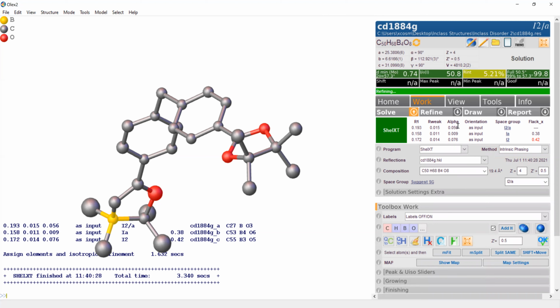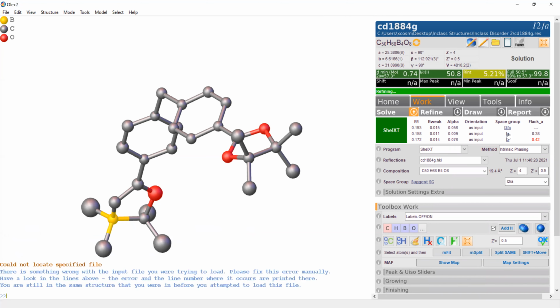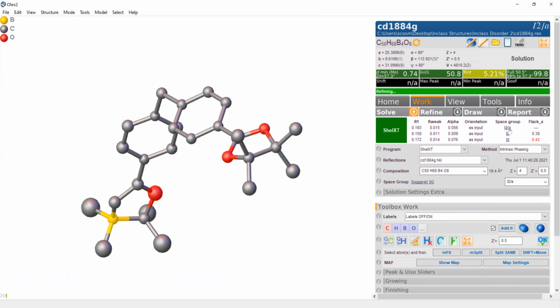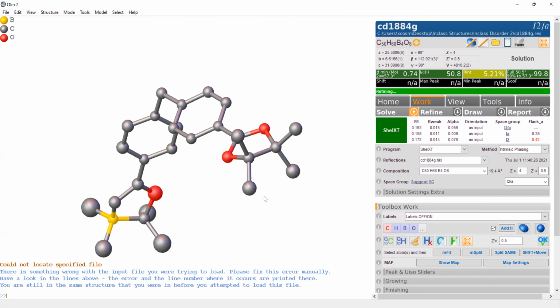Now, in addition to I2/a, it also gives us the structure solved in Ia if you want, or I2. So for example, if you think it's Ia, you can click on that and it should switch it to that particular space group. So there was an error here.